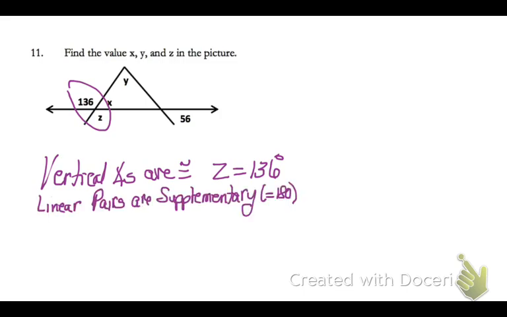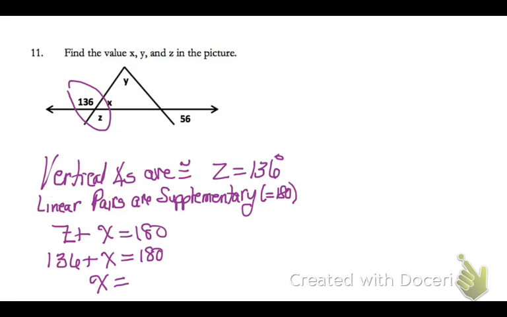And remember that linear pairs are supplementary, so they equal 180. So I know that z plus x equals 180, and I know that z is 136. So 136 plus x equals 180. So therefore x has to equal 44 degrees.